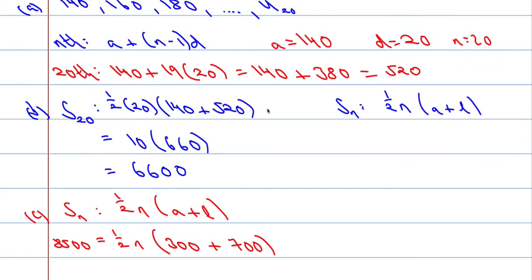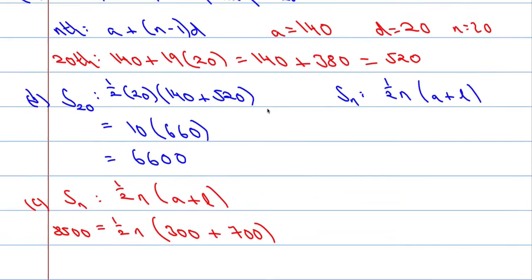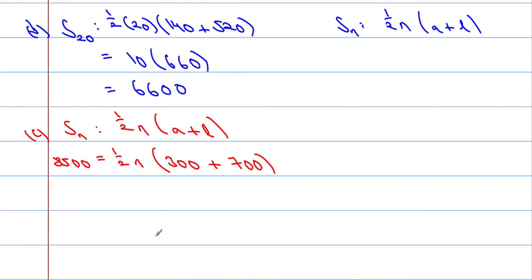And now what we're going to do is try and solve this little equation for n. So 8,500 is going to equal n times, well, 300 and 700 is 1,000, and if I multiply that by half we get 500. So 8,500 equals 500n.